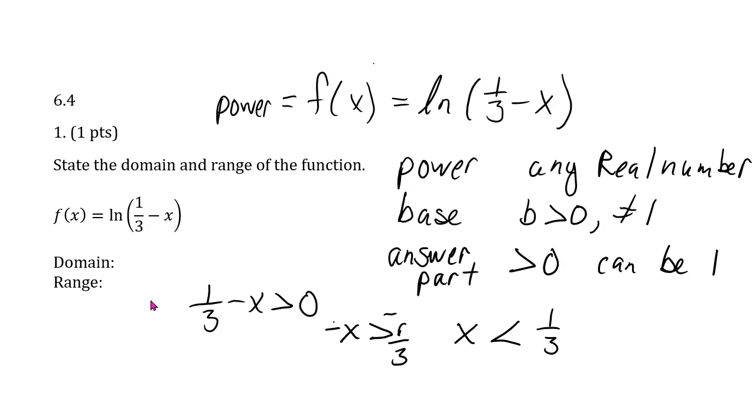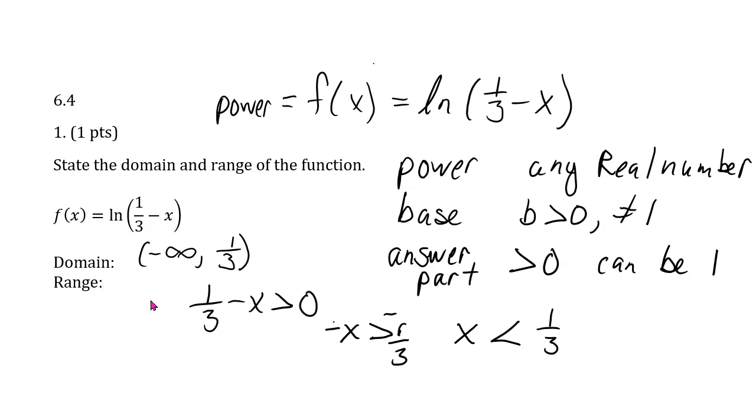This tells us that x can be less than 1/3. Our domain, then, is all the values that are less than 1/3. This would be negative infinity up to 1/3, but it cannot equal 1/3, or this will be 0, and our answer part must be strictly positive.